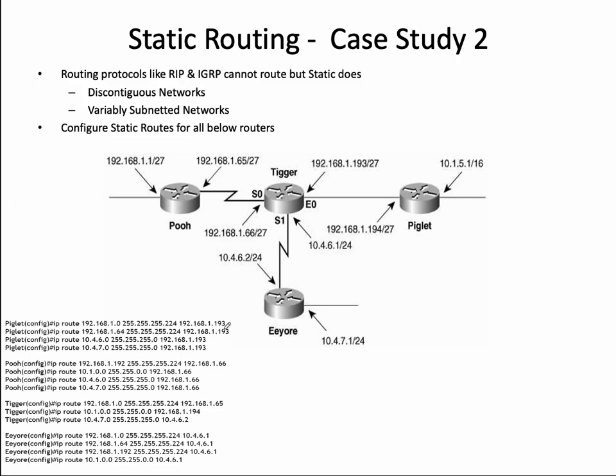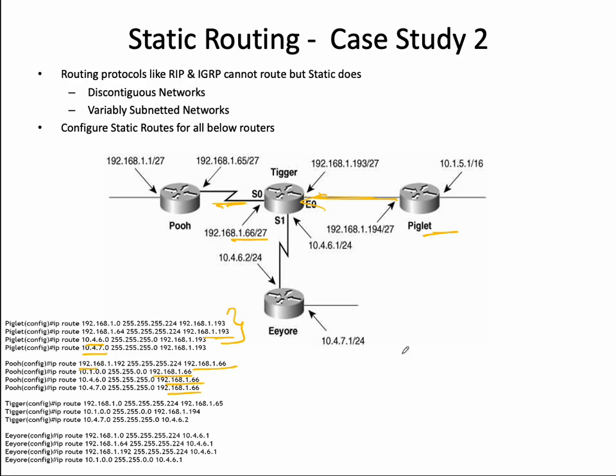I just cleared it so it's easier. Now you know these two routes we are forwarding this way. But for the route 10.4.6.0, in this router you are forwarding all the networks to this side, because this is the side that is configured. Similarly in the other router, you are forwarding all your routes to this gate, because this is your next hop. You see here, your next hop IP is common for all these routes.